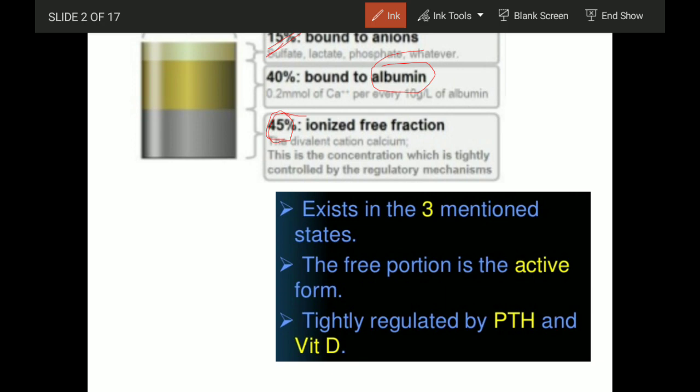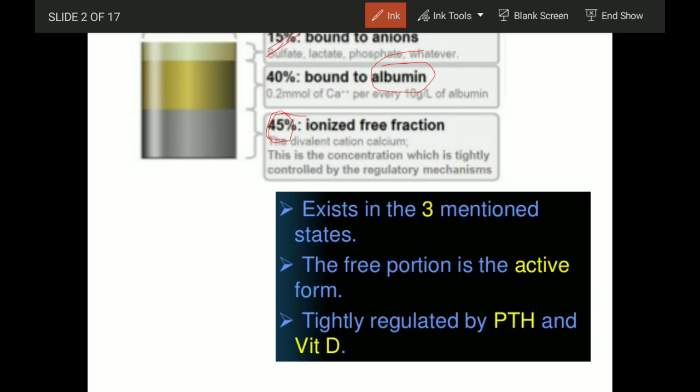It does all the actions that calcium does in our body, be that blood coagulation, muscle contraction, or cell motility.